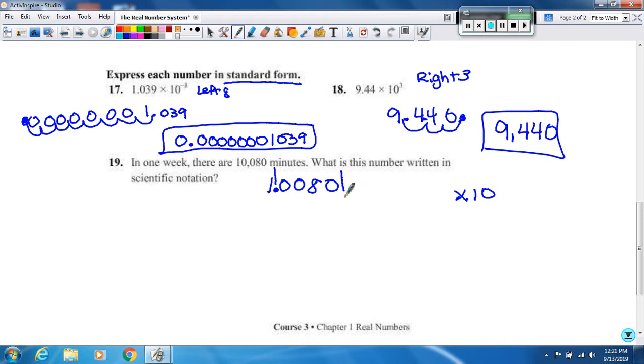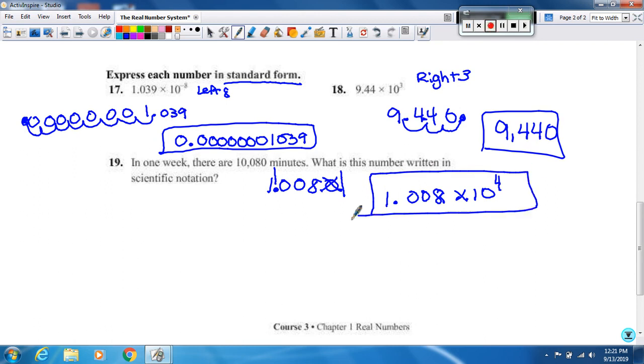And then you draw a line at the end. Now you count how many numbers are in between the 2 lines. 1, 2, 3, 4. That becomes your exponent. You take off any zeros at the end, don't count, and then you write whatever's left with your decimal. So 1.008 times 10 to the 4th, and you're finished.